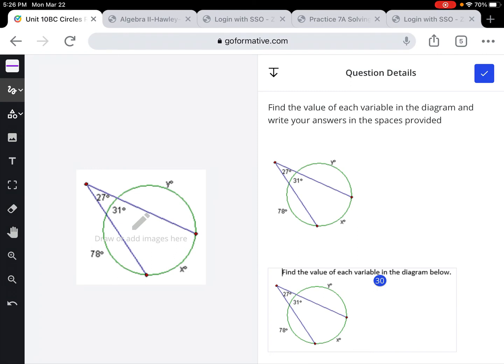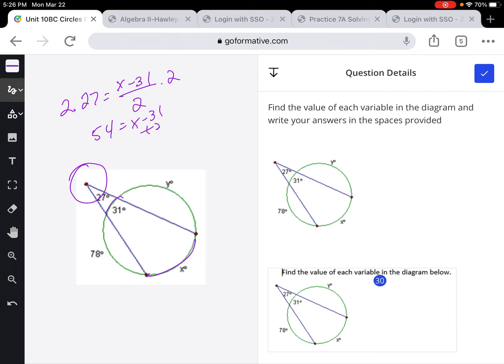All right. For this next one here, again, I know if the angle's on the outside, it's big arc minus small arc, so I know 27 is equal to x minus 31 divided by 2. Multiply each side by 2, 54 is equal to x minus 31, add 31, and I know my arc x has to be 85 degrees.